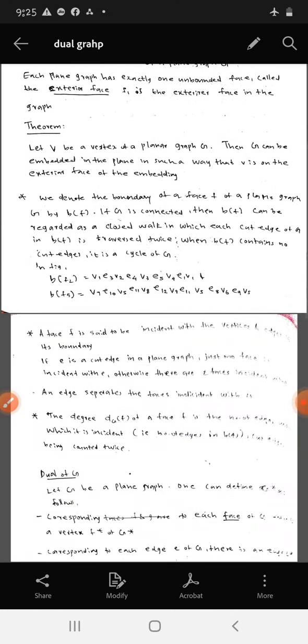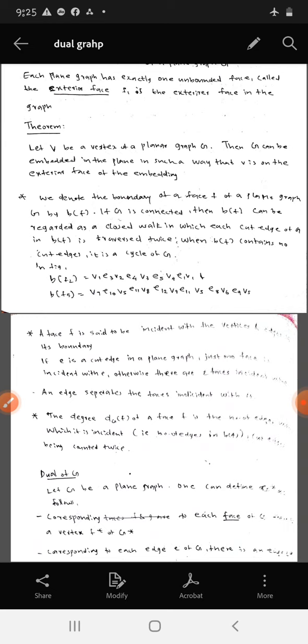A phase F is said to be incident with the vertices and edges of its boundary. If E is a cut edge in a plane graph, just one face is incident with E. Otherwise, there are two faces incident with E. An edge separates the faces incident with it.